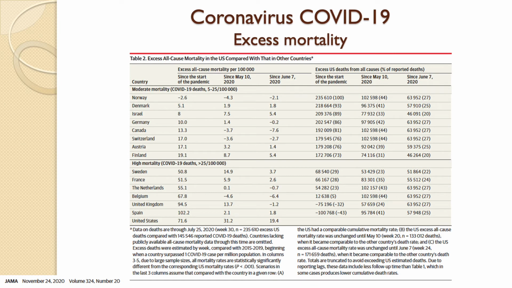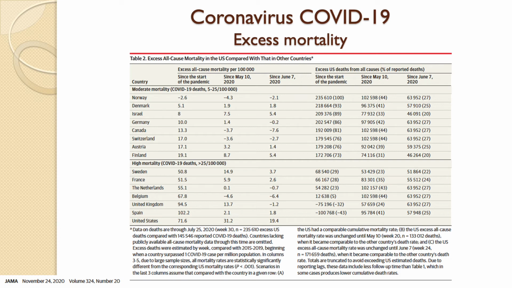Another measure to look at the deaths caused by coronavirus is to look at the excess all-cause mortality per 100,000. And then you compare the number of deaths of this year with the period of 5 previous years. And you can see again that you have countries with a moderate mortality, like Norway, Denmark, and countries with a relatively high mortality.